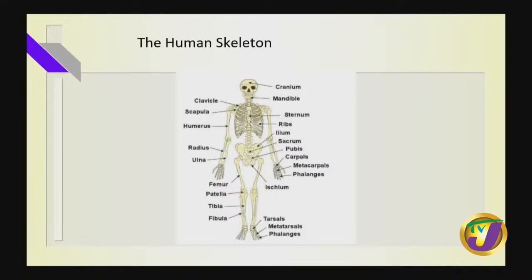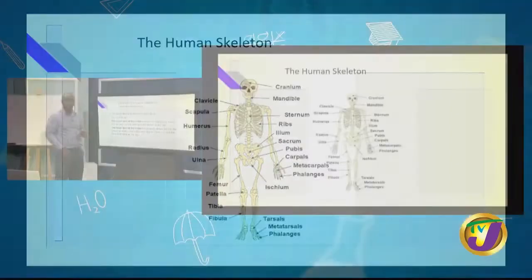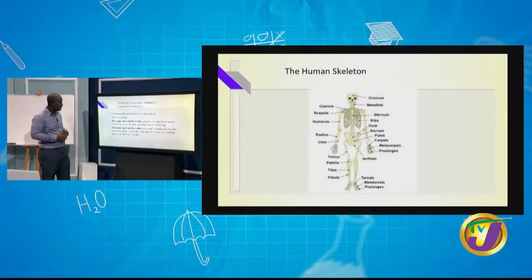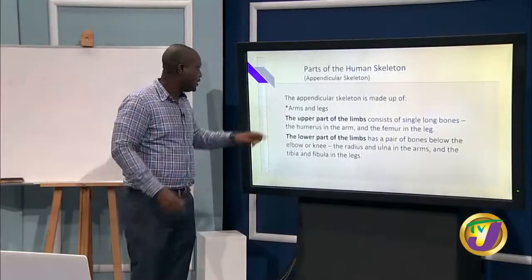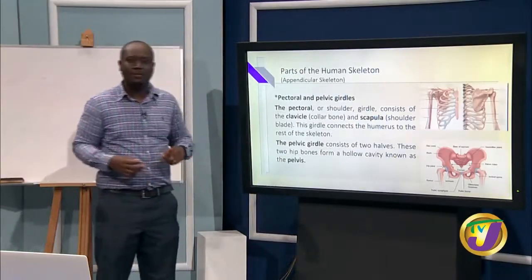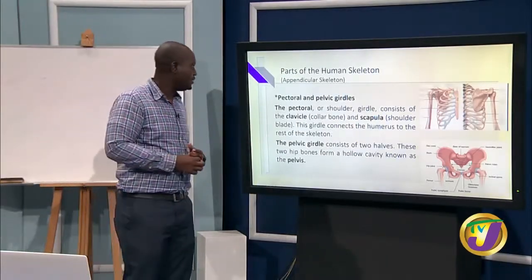Upper arm, you have the humerus, and the legs. The upper leg, you have the femur, and you have the patella, which is the kneecap, and you have the tibia and fibula, which are your lower leg. And going down, you have the tarsals, metatarsals, and phalanges. Right? So I know it might be overwhelming now, but I tell you, you'll get it in time.